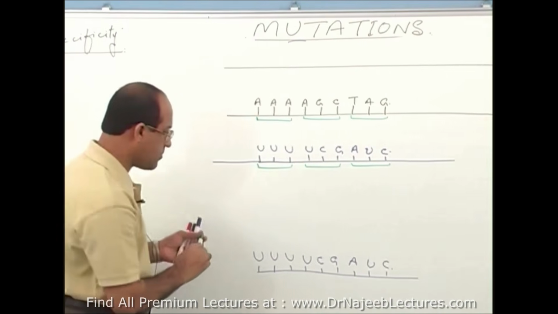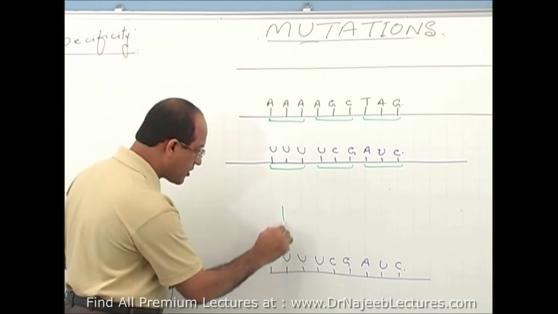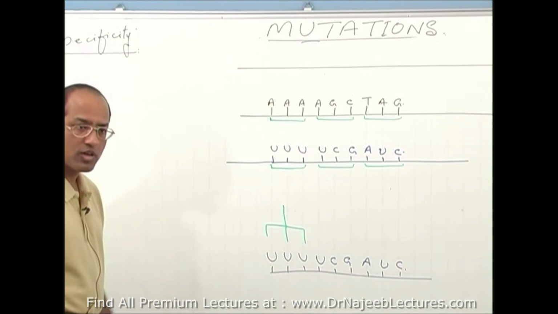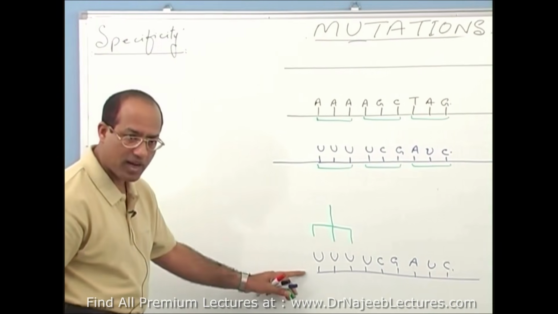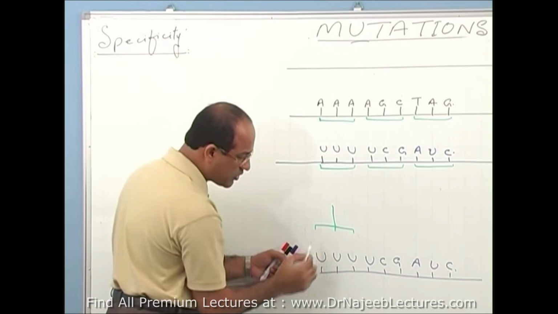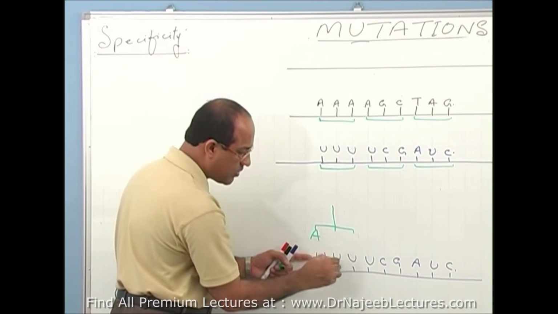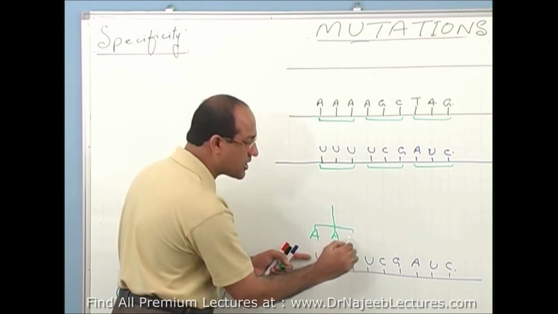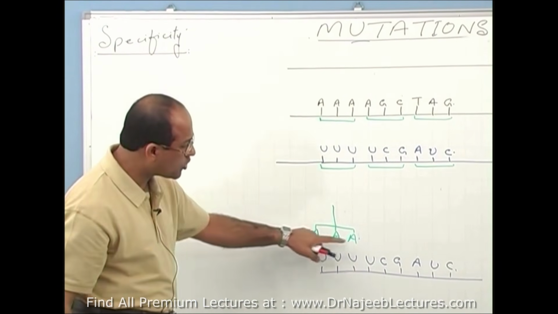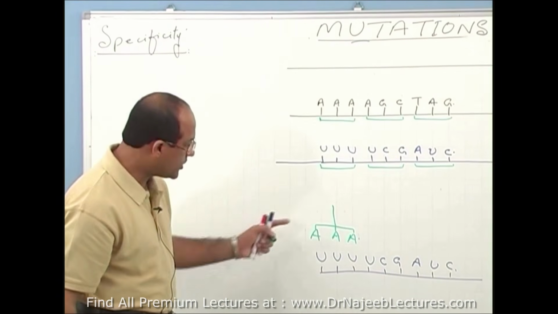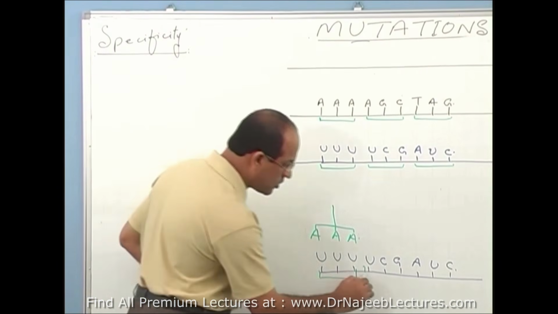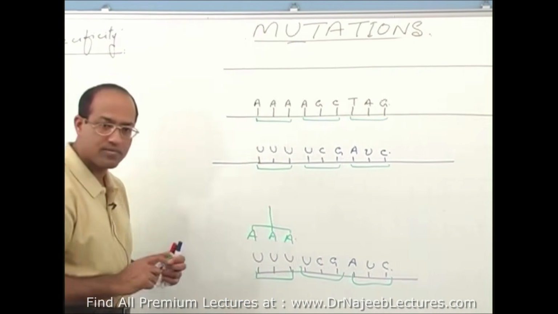Now, what really happens? There should be a transfer RNA which should be able to recognize this codon of RNA. Now, what should be here? For U there should be A. What should be here? A, and ideally speaking what should be here? A, right? Let's suppose this is the anticodon of transfer RNA which is able to complement with this particular codon, one codon, second codon and third codon.